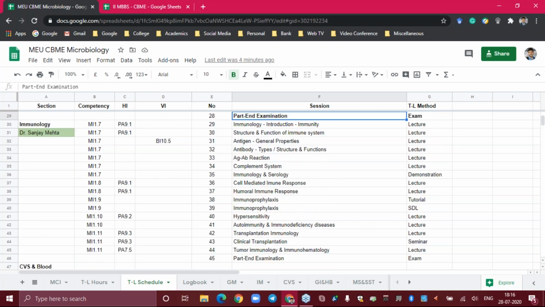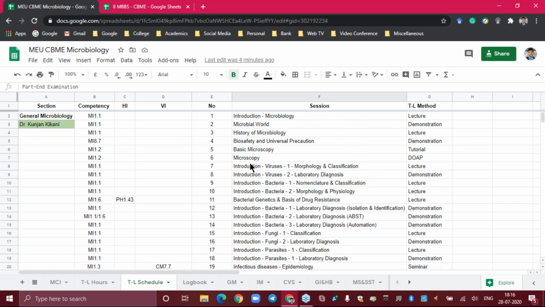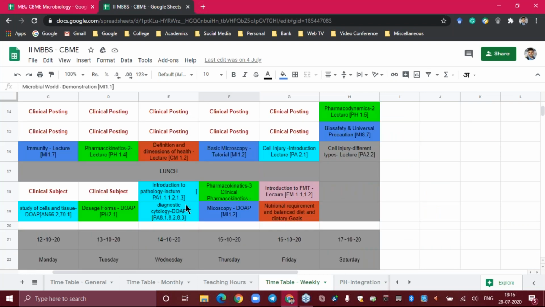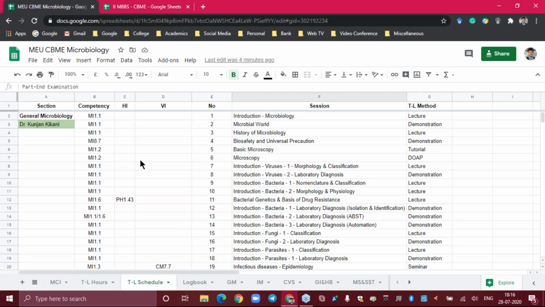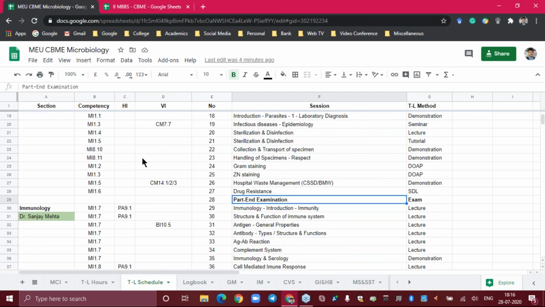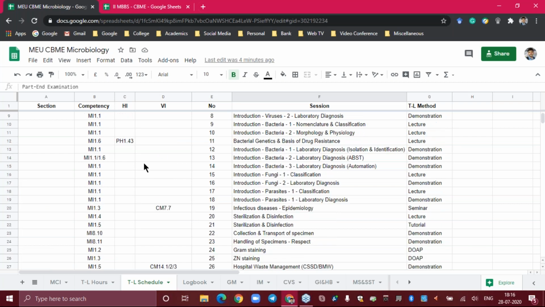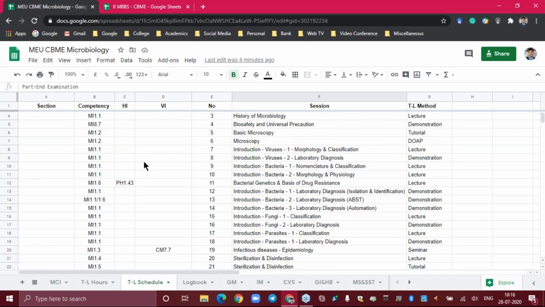Then immunology would start, and when you put both the subjects in the timetable, you can see that we are starting two systems simultaneously, right? One is immunology and the other is general microbiology. Both would start together, so that you need to decide in your department.